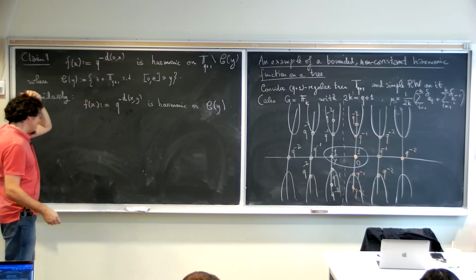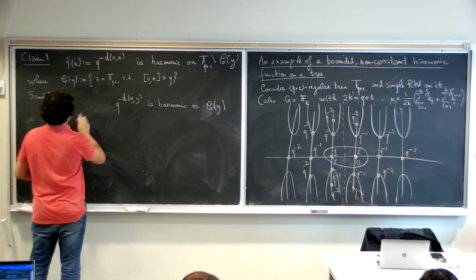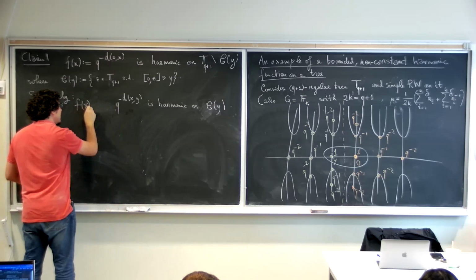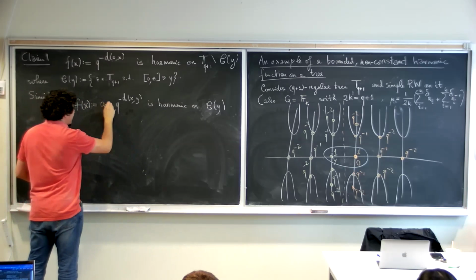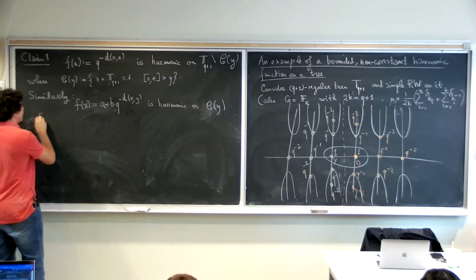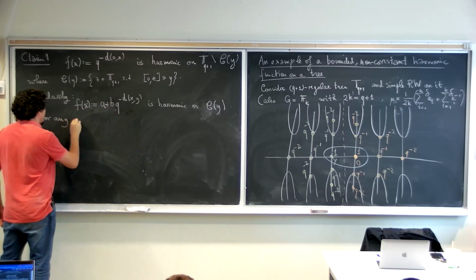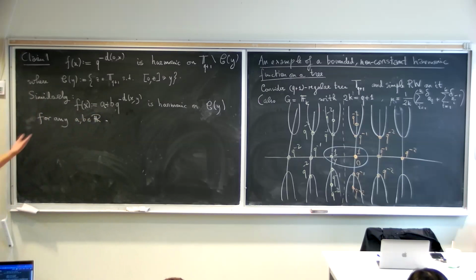So it's not just true that this is harmonic, but we can have some constant a plus b times this, for any a and b in R, and it would also be harmonic on this side, because it's a linear combination of harmonic functions.